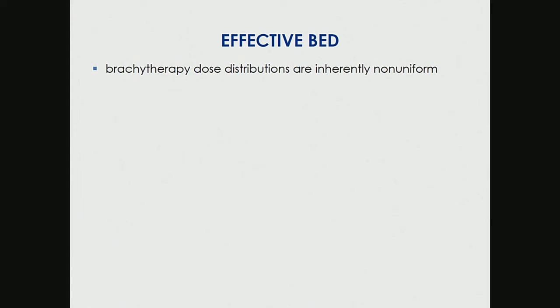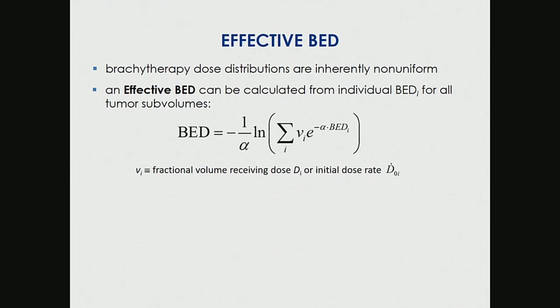And the formalisms we talked about before apply to uniform dose distribution. But you can actually calculate an effective BED for an inhomogeneous distribution by subdividing the volume to such a level that each voxel can be considered as receiving a uniform dose.